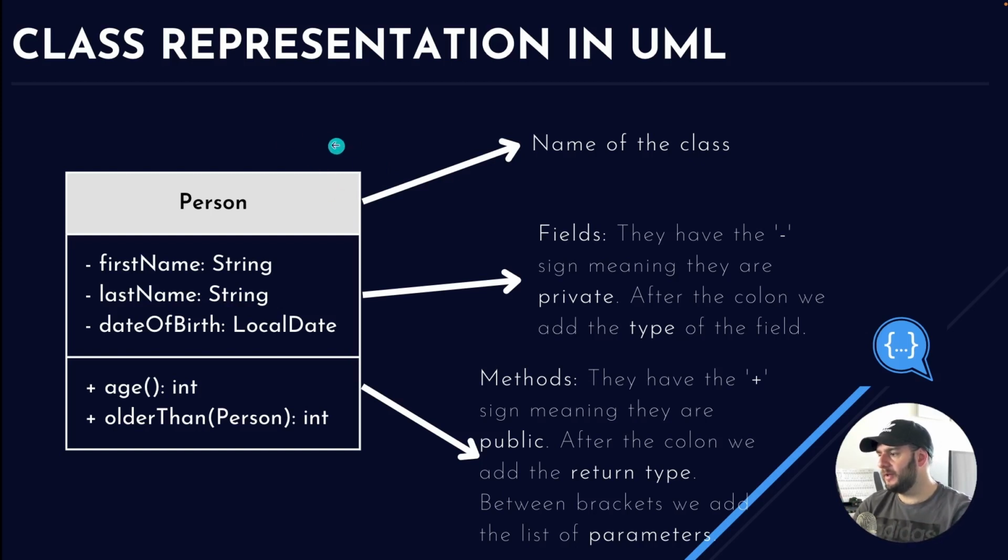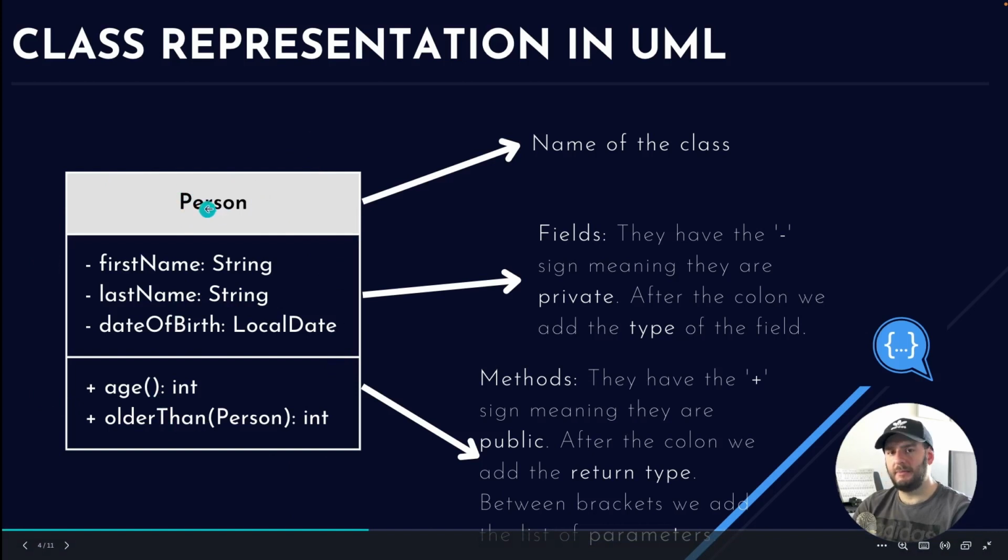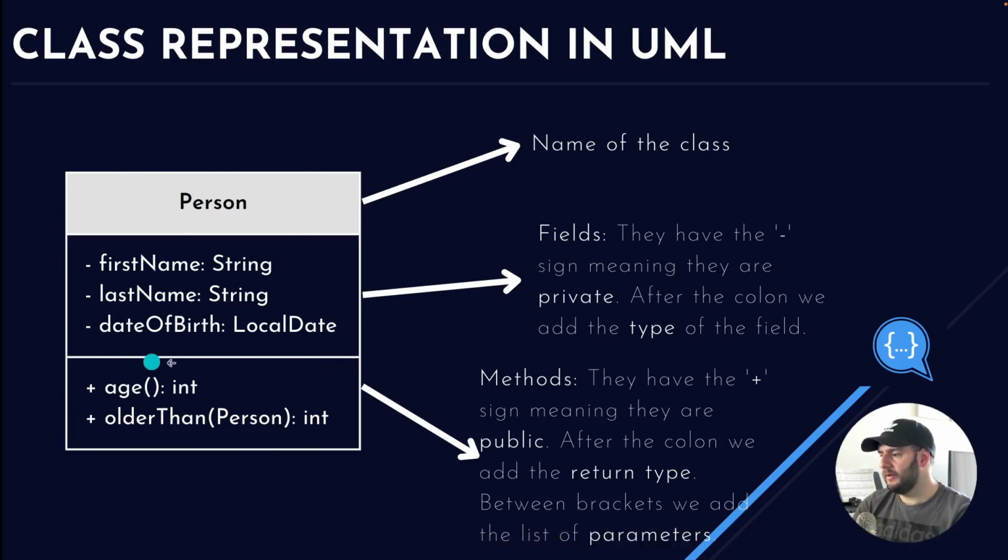So in UML, this is representing the class. For example, here we have the name of the class, and here we have the fields, and the fields have the name of the field, the colon, and then the type of the field. And then we have the minus sign signifying that they are private.